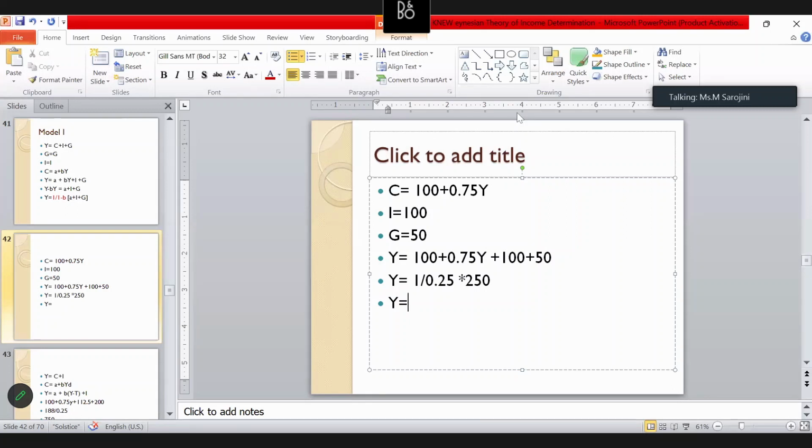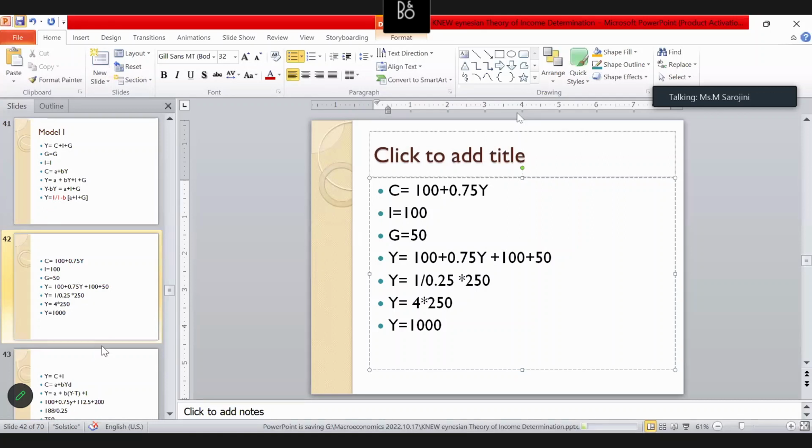How much is the national income? 1 divided by 0.25 is equal to 4. 4 into 250, is it correct? Y is equal to 1,000. Is it correct? Yes, ma'am.